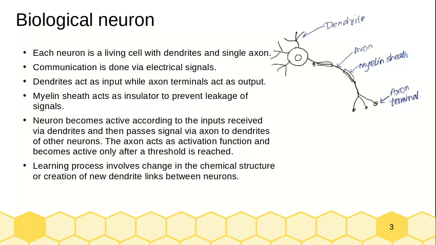The axon is a long structure, and it acts as a threshold or activation for the neuron, and this myelin sheath acts as an insulator, so that the electrical activities of other neurons won't affect the electrical activities of this neuron. So it is just a layer of fat that covers the axon.